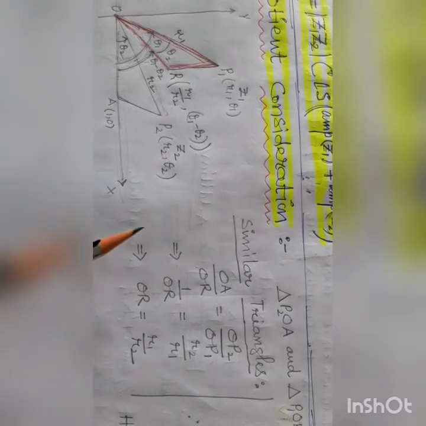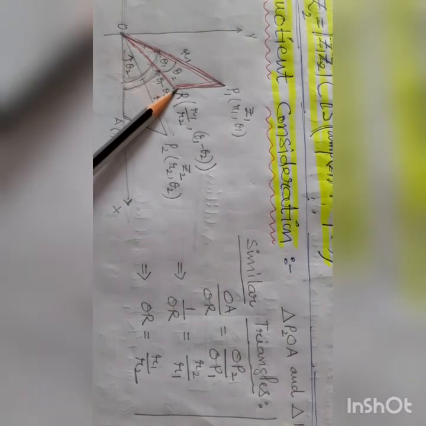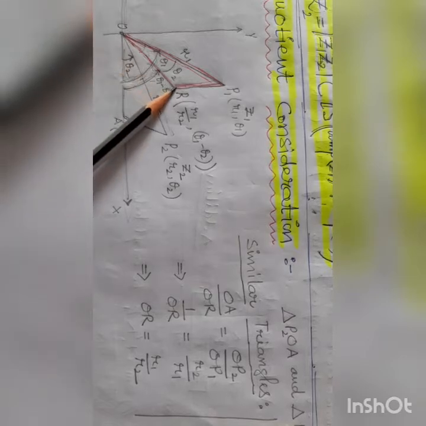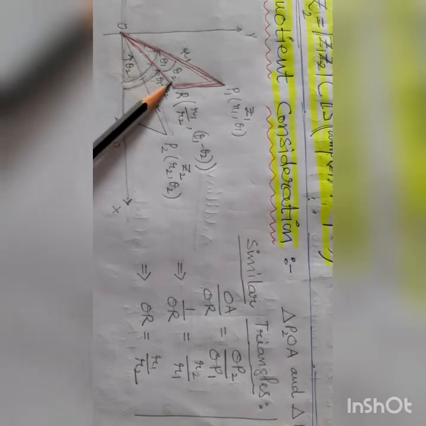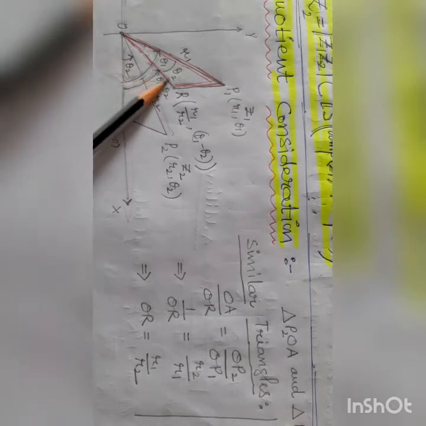Like this, we are going to find the modulus and amplitude of OR. But the consideration is different. According to the quotient consideration, we have taken the figure like this. But the idea is the old idea, the product idea only. So like this, we found OR as R1 by R2.